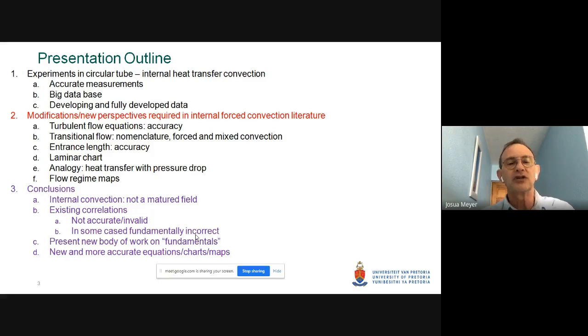I'm going to show you what we are teaching our students needs to be modified, and we need to rewrite some of the internal convection textbooks of our students. In this regard, I'm going to present a laminar chart, a flow regime chart, etc. And after that, I will make some conclusions. The next slide, please.